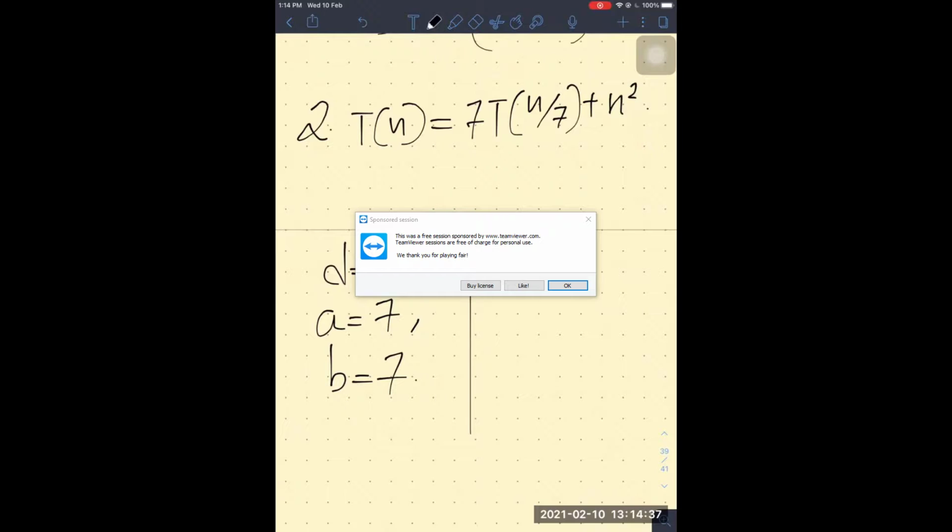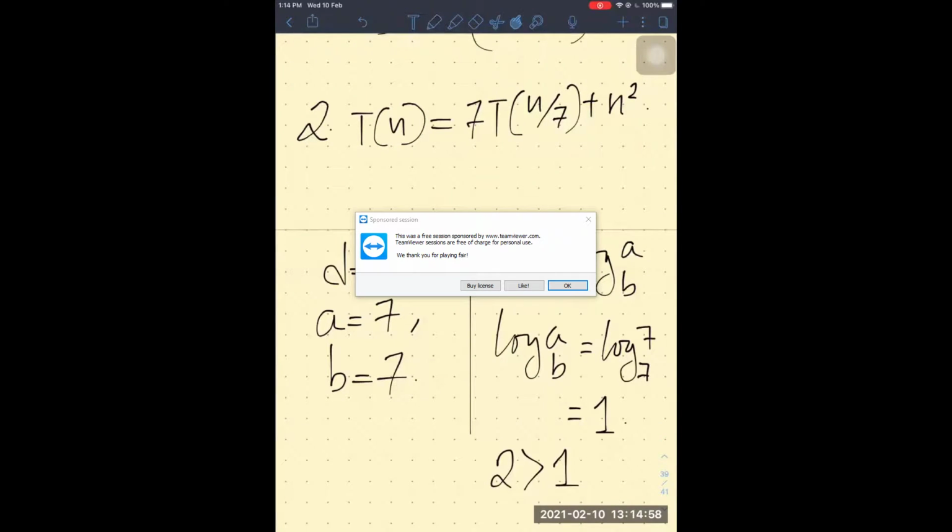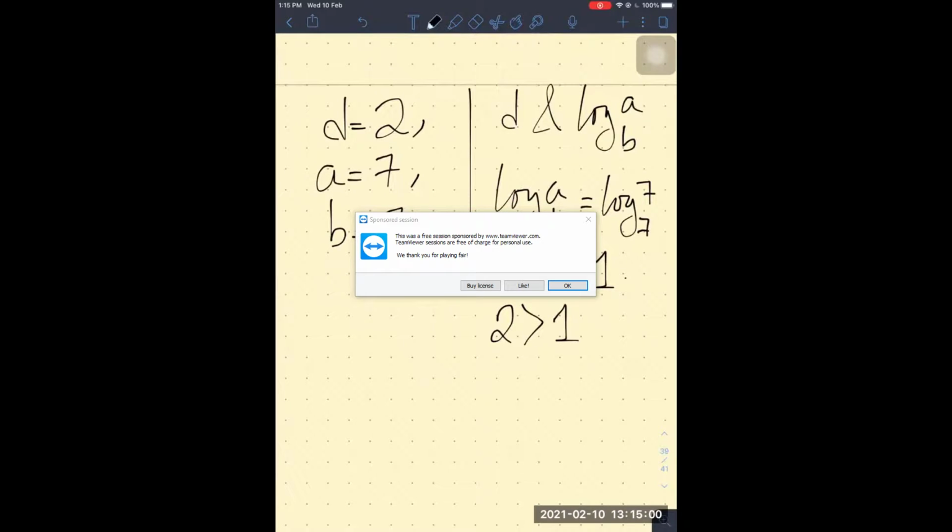The relationship between d and log of a base b: log of a base b is log of 7 base 7, which equals 1. As 2 is greater than 1, we can write d is greater than log of a base b.